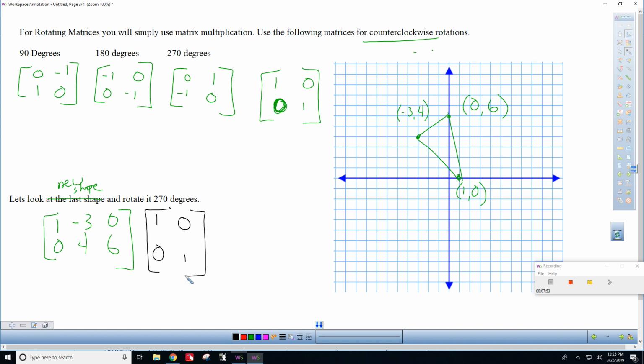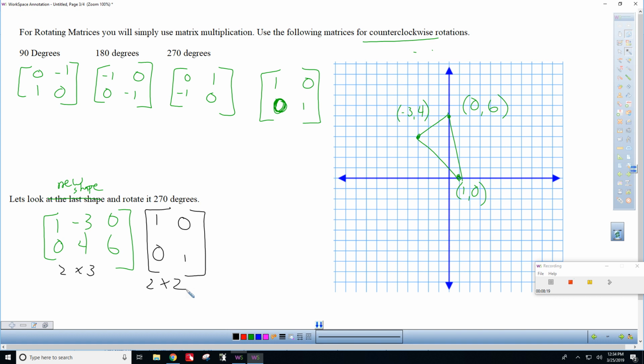Row by column. Let's see, let me just do some review. Row by column. This is a 2 by 3. Row. No, there's 3, uh-oh, pause. Aha. See, this is a 2 by 3. We're going to multiply it by a 2 by 2, and we can't do that.